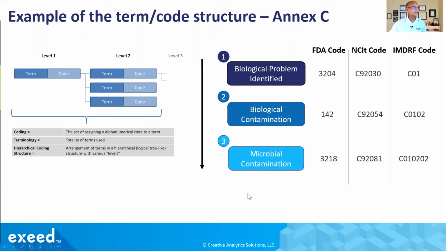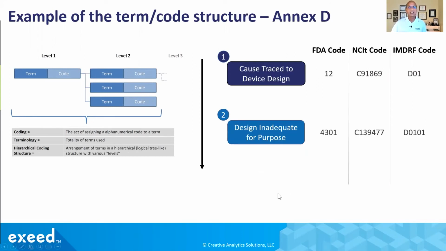Annex C is your term code structure in terms of your cause. Biological problem identified, biological contamination, and microbial contamination. So you can see how the level of specificity increases in these terms. And then finally, if you are able to trace the root cause or one of the root causes, you have codes for that.